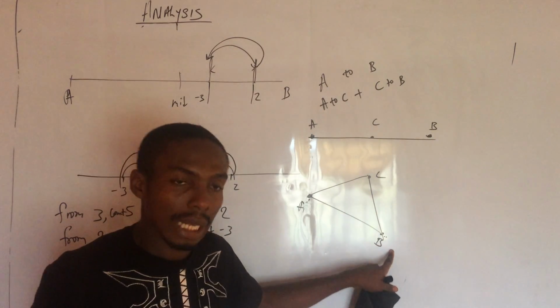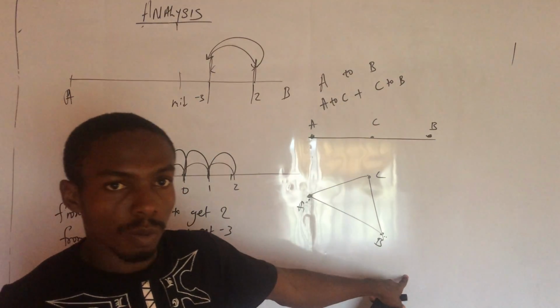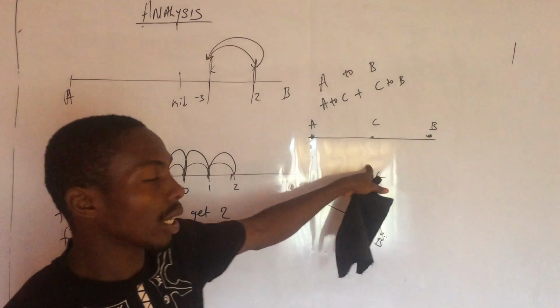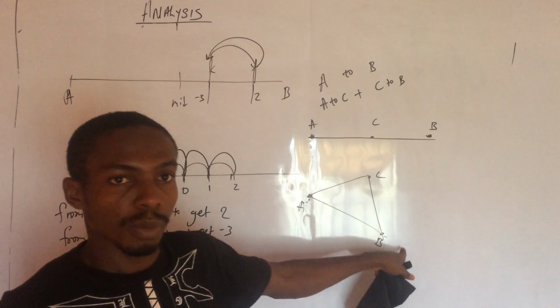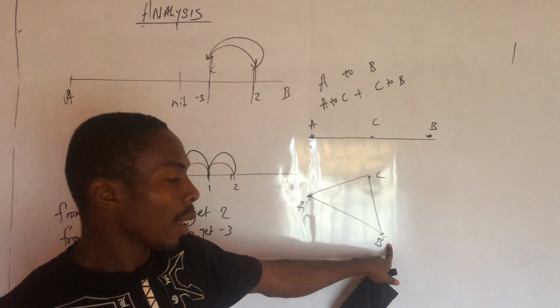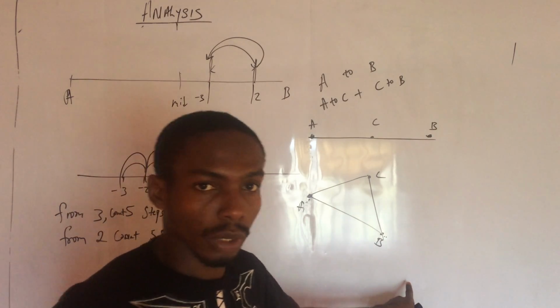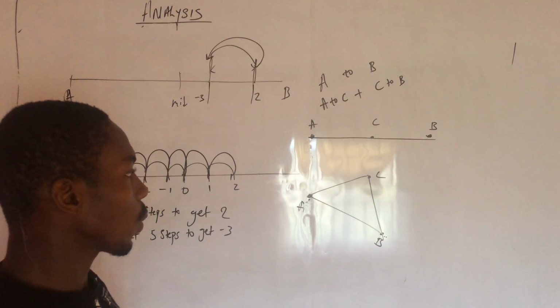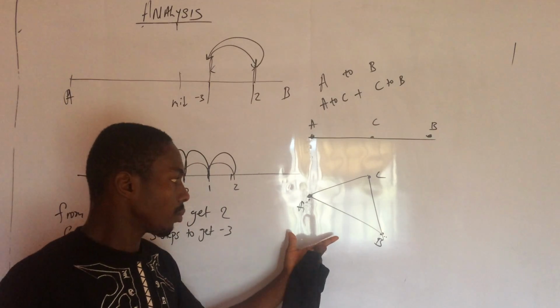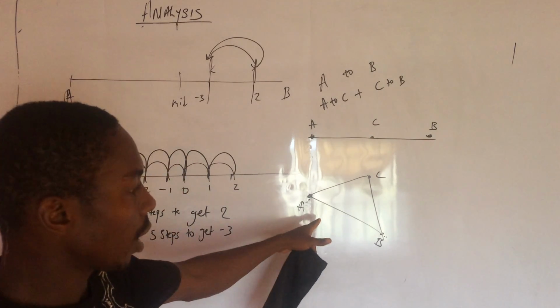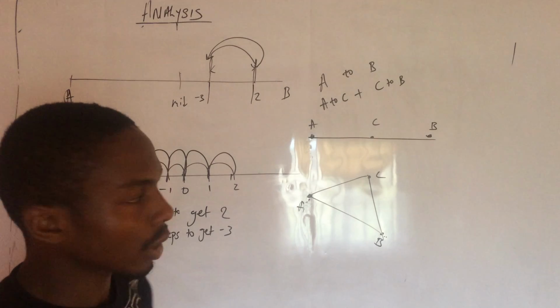Instead of me going to the classroom straight, knowing that my lecturer will come to the classroom, I said, no, let me go and meet my lecturer first before going to the classroom. You see that? I'm not going to make it on time to the classroom. So, that is another thing the distance function tells us.